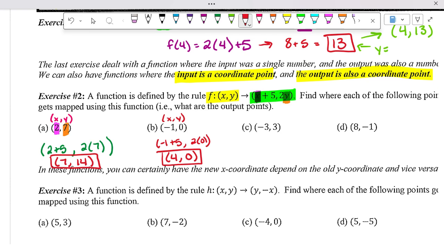All right, try letter C and D on your own. I'll give you about 2 minutes. Remember, all you're doing is plugging in for x and y.